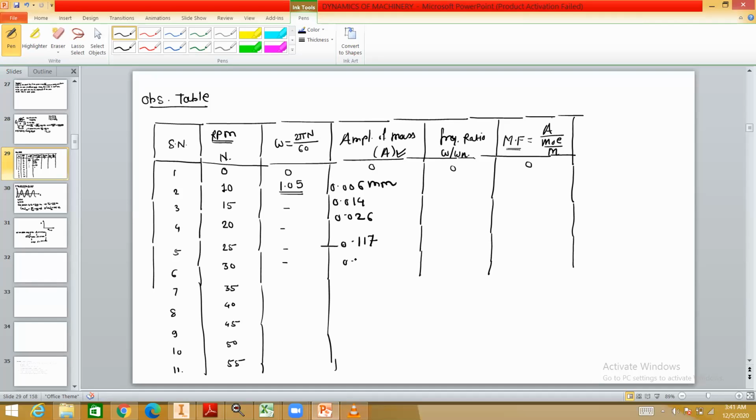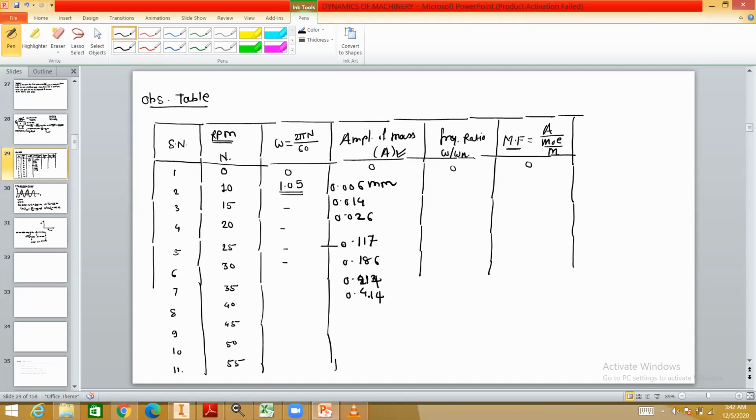Then 30, this is 0.186. For 35, the value is 0.214.